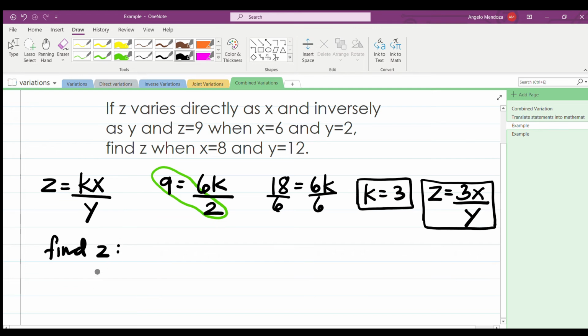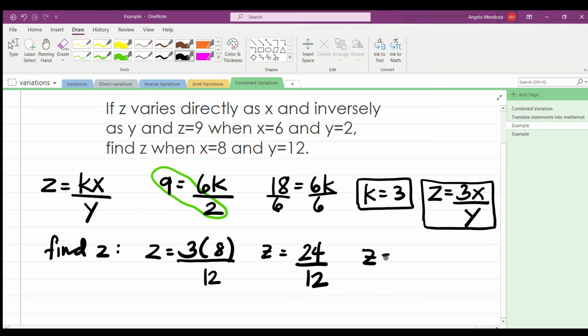So we have Z is equal to 3 times 8 over 12. So we have Z is equal to 24 over 12. So the value of Z is equal to 2. That's the final answer.